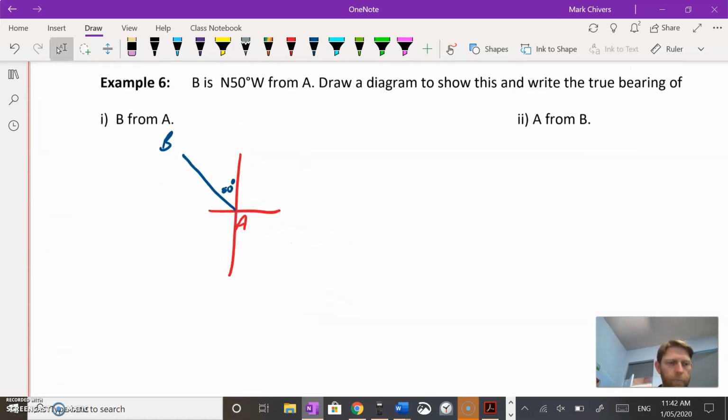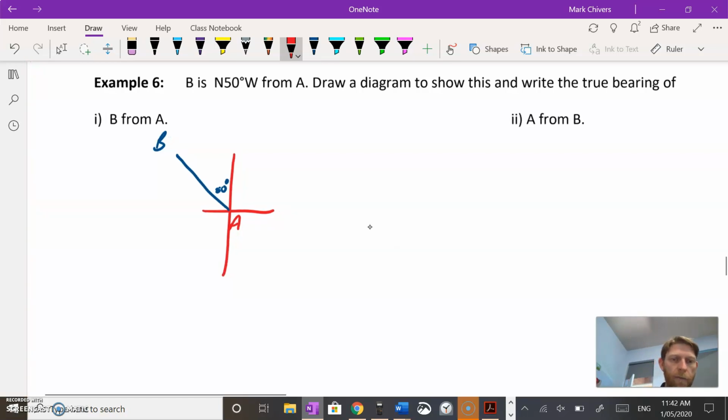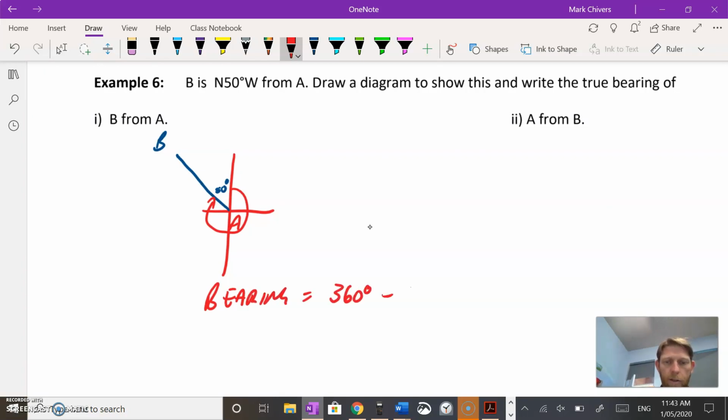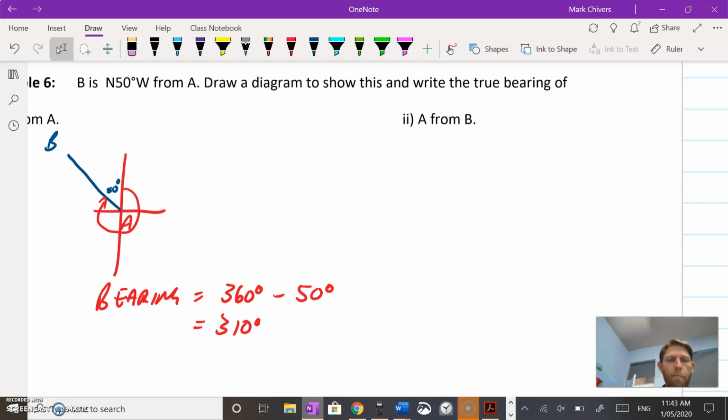Okay. So moving along from there, what is the true bearing from A? We're after this distance around here. So the bearing is going to be 360 degrees minus the 50 degrees on the other side, so that's 310 degrees. And A from B, so for that, if I draw myself a little north line, I'll do this one in purple.